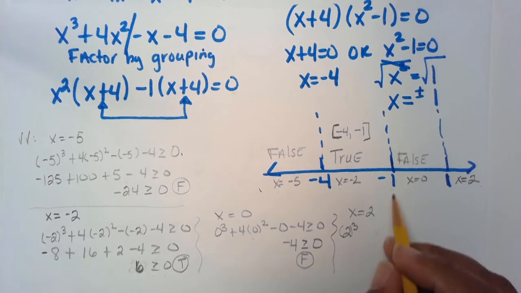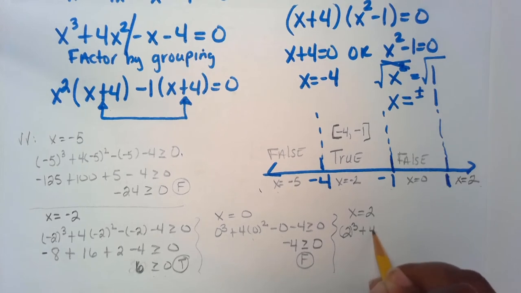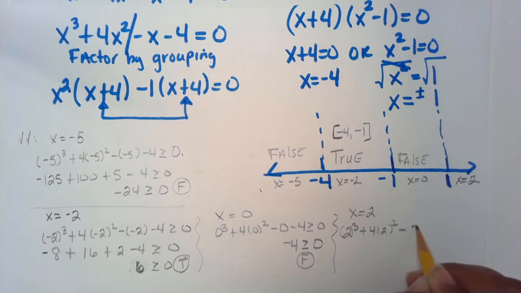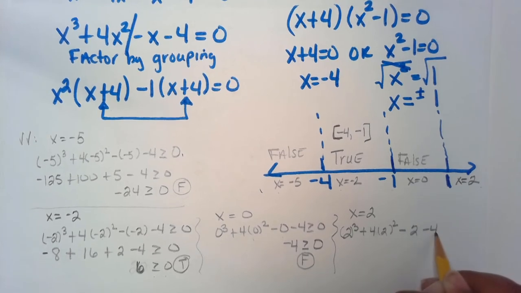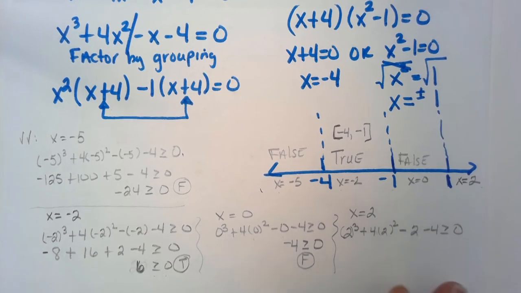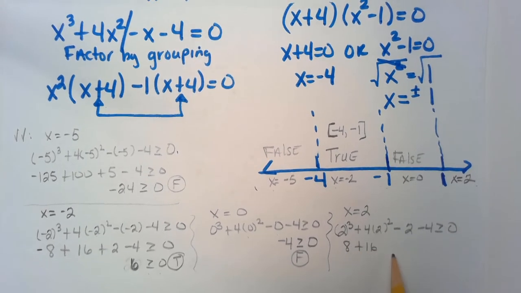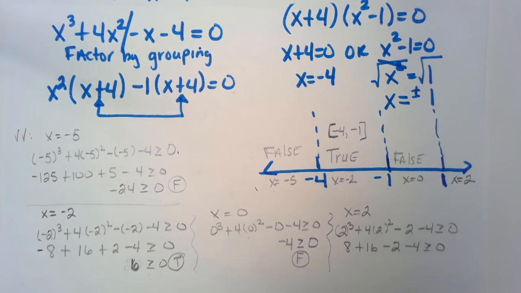So we have 2 cubed plus 4 times 2 squared minus 2 minus 4. Is that greater than or equal to 0? So we have 8 plus 16 minus 2 minus 4 greater than or equal to 0.